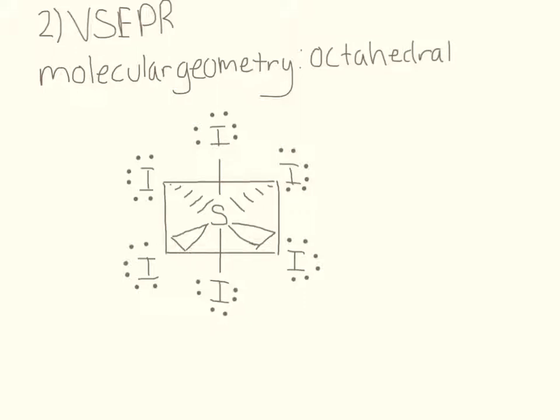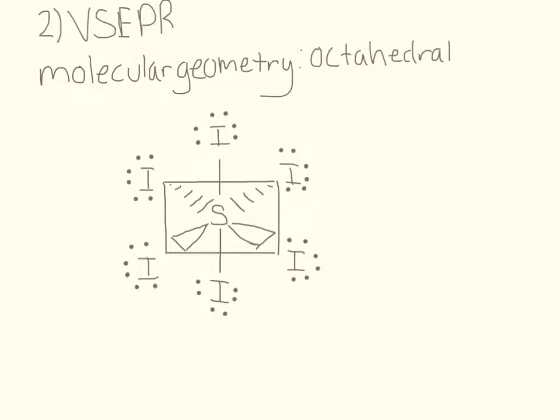So to start off drawing the VSEPR for an octahedral, we want to start off by drawing a rectangle, and this will represent our plane. And we want this to be a 3D structure, or represent a 3D structure at least. So we're going to draw 2 lines at the top and bottom, and these will represent the iodides that are at the top and the bottom of this VSEPR.